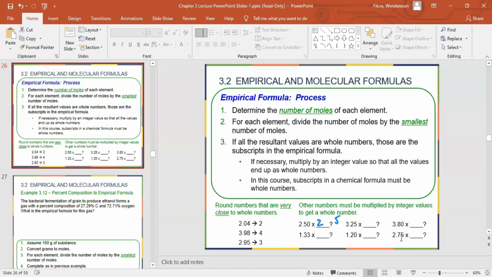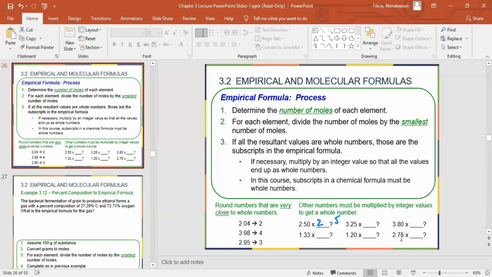This is a trial and error method. There's no formula for this. For example, when you divide the mole ratio, you end up with 1.33. This number cannot be used as a subscript. So you must think, should I multiply 1.33 by 2 or by 3 or by 4 to get a whole number?